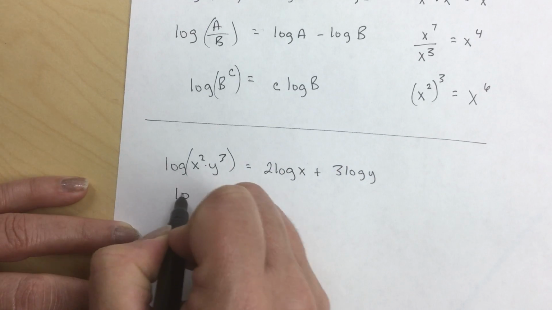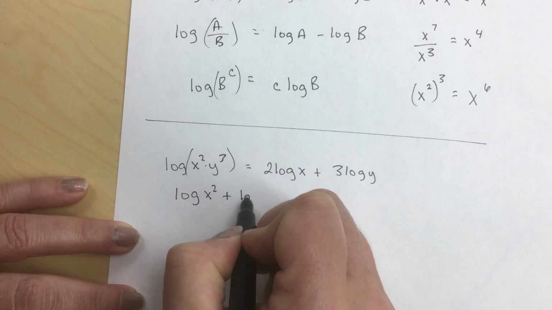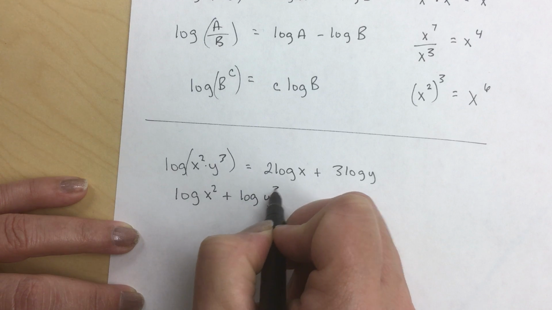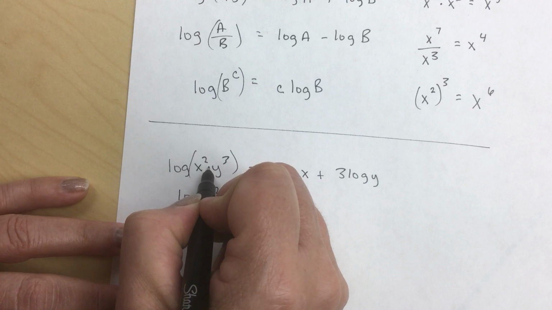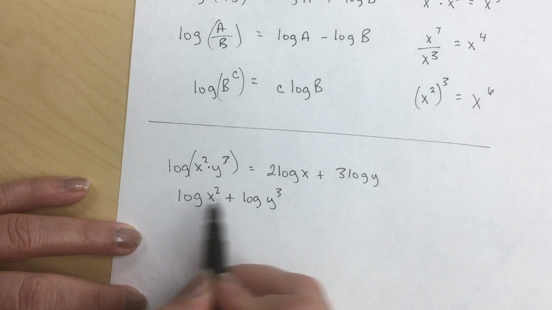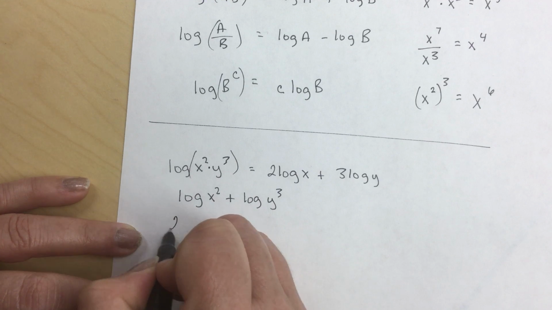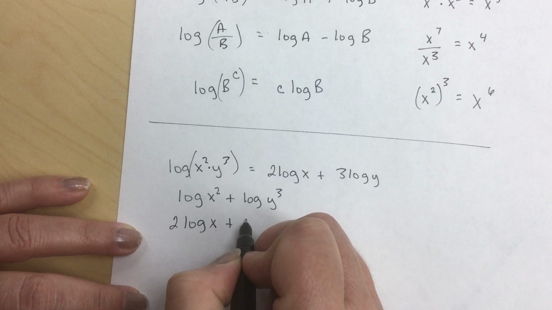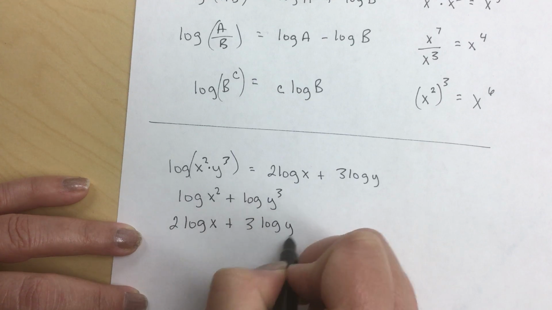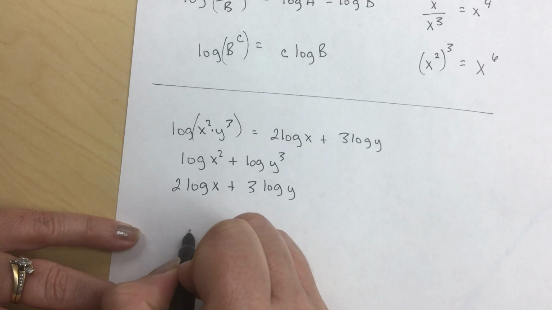So my rule says that's log of x squared plus log of y to the third. That's my multiplication rule. I can break this multiplication up and turn it into addition with two different logs. Then I can take those exponents and pull them out in front. So that's 2 log x, and then I can pull the 3 out in front, so I get 3 log y.